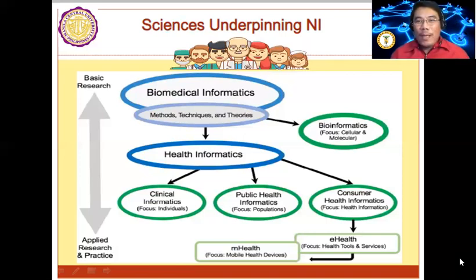For public health informatics, the scope and coverage of the informatics are more broad. So this could be more on community level. From the term itself, public health informatics, this may consider population groups, community, families, locality.